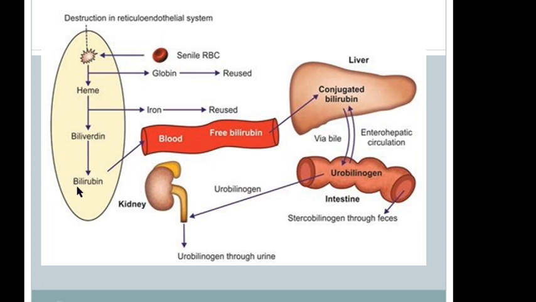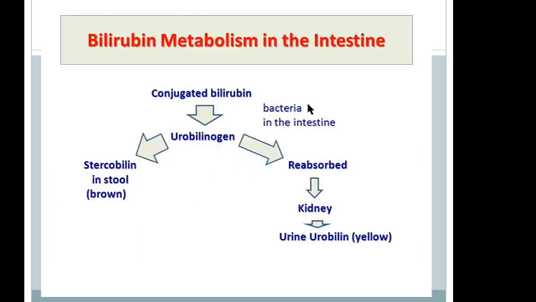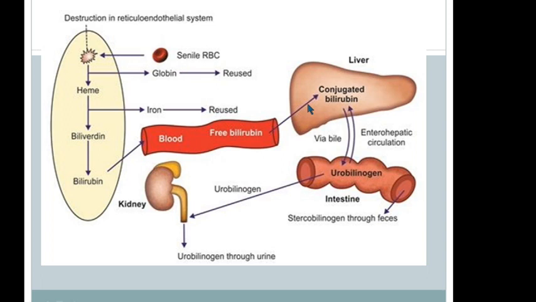This bilirubin from the reticuloendothelial system enters into the blood in unconjugated form, that is called the free bilirubin, and from blood it will enter into the liver, where it is conjugated with glucuronic acid and forms the conjugated bilirubin.